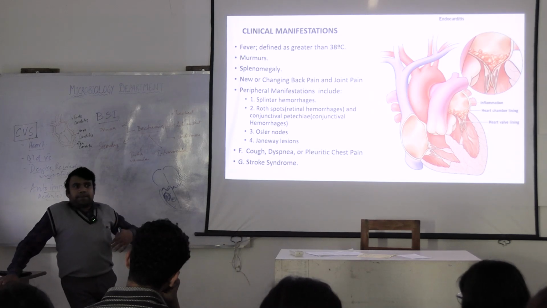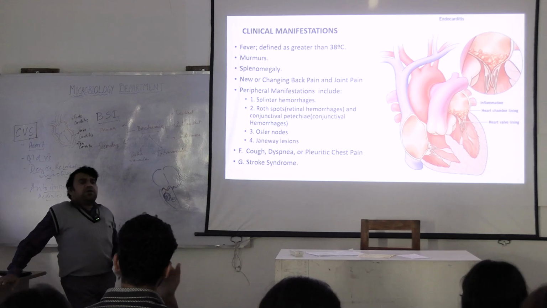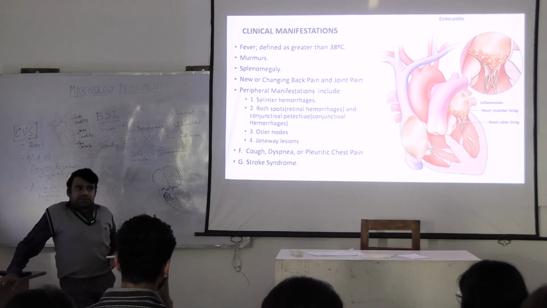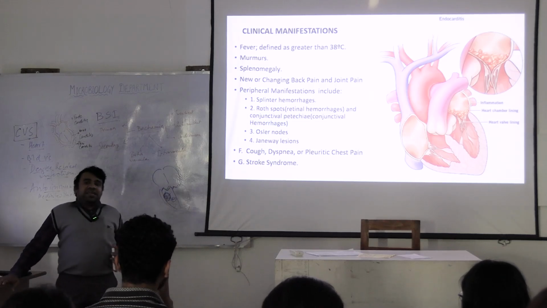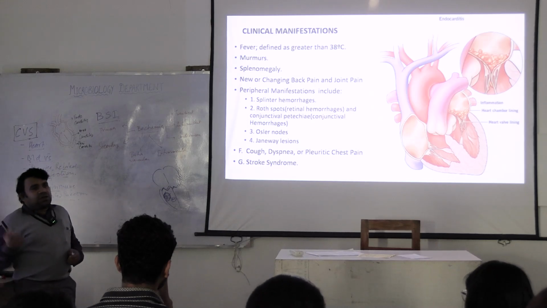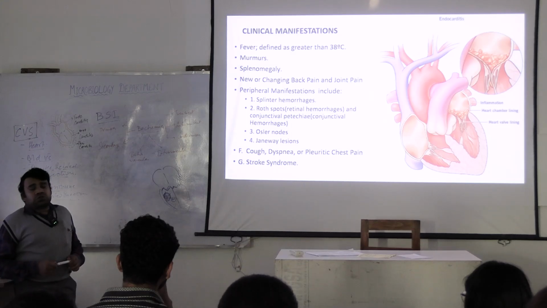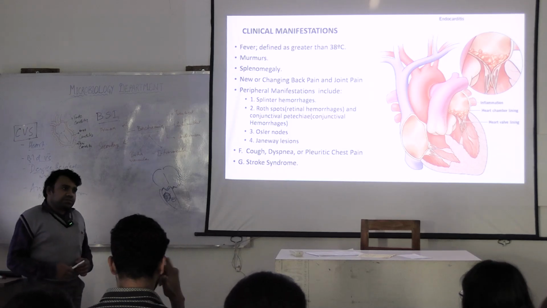Pulmonary circulation থেকে it will go into the lung bed and it can cause pneumonia, cough, dyspnea, pleuritic chest pain. And if that emboli reaches the blood vessels of the central nervous system, it may even lead to stroke, also called CVA. Okay, all are due to embolic manifestation.